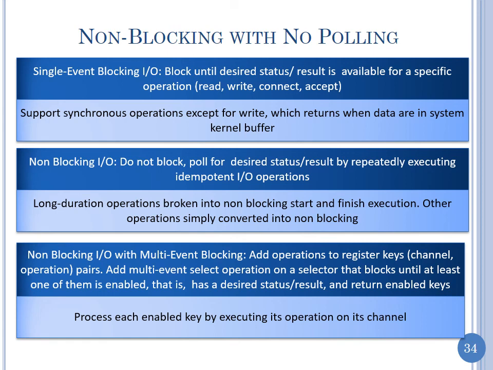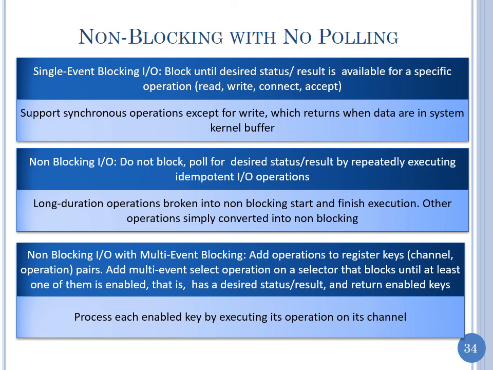So at that point, you can take each enabled operation and execute it. Okay? So it doesn't really execute the operation for you. It just tells you which operations are enabled. Okay, so if you need to do a write, it doesn't know what write buffer you want to write. It does know that one of the kernel buffers into which a write buffer needs to go is free, and then you can actually provide the write buffer.